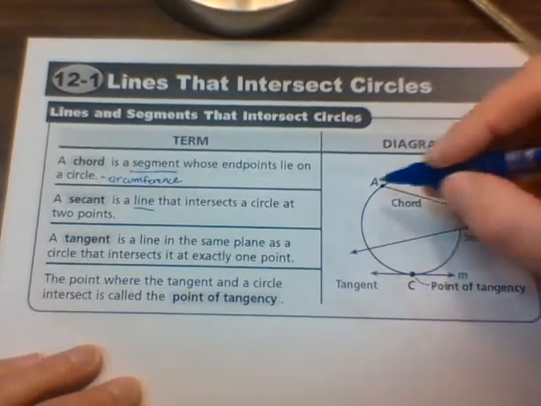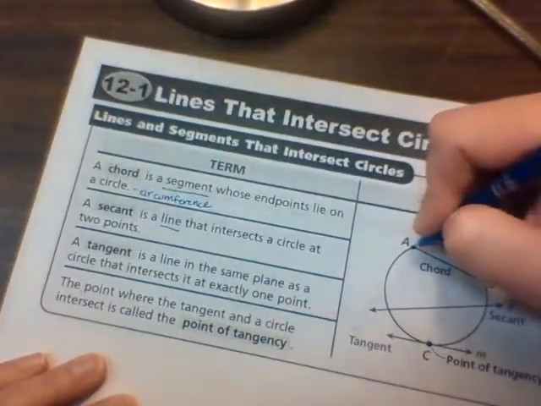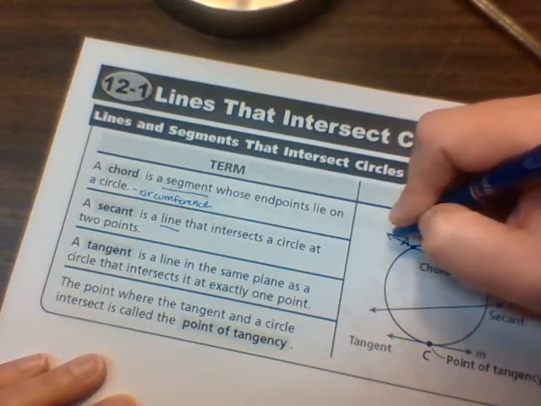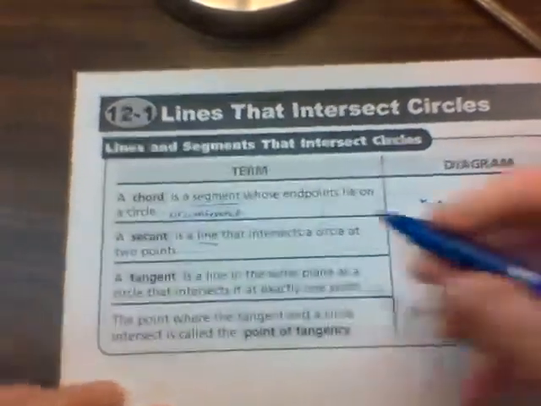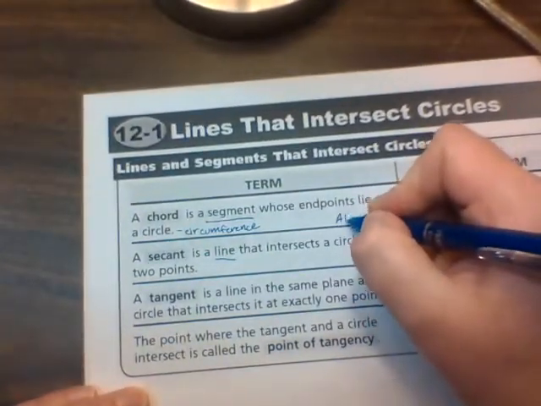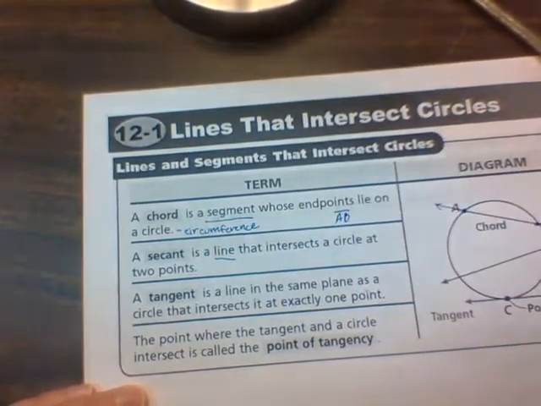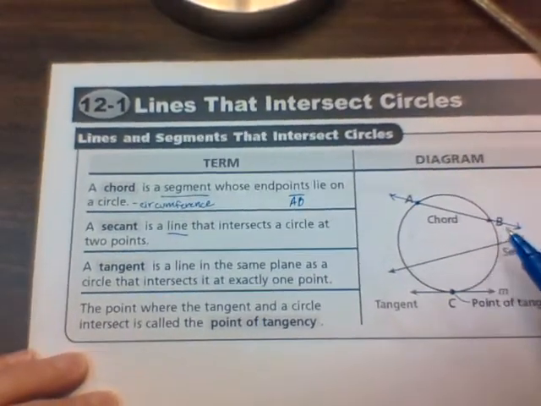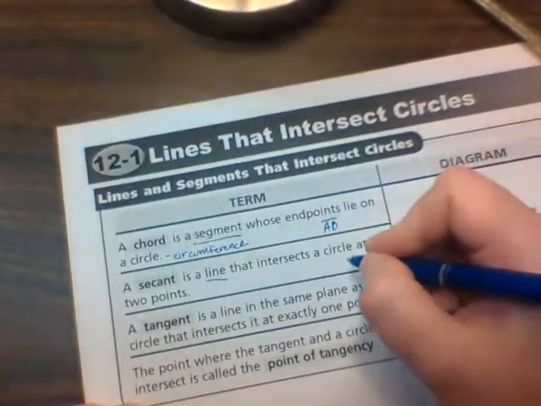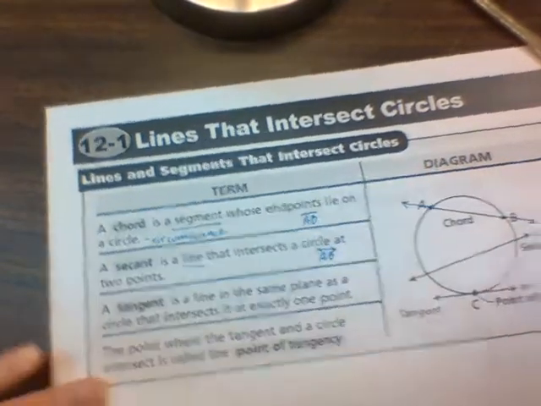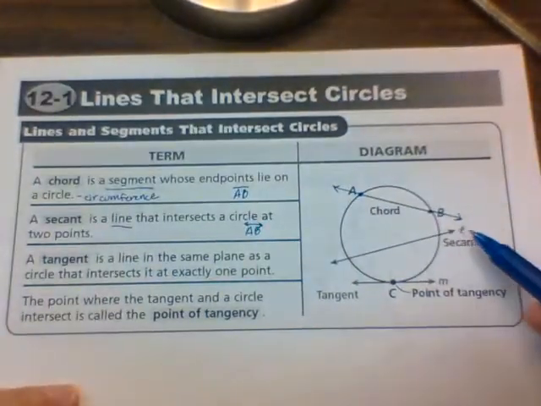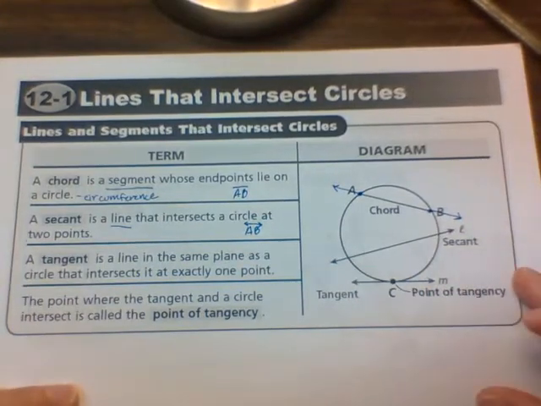So again, I could have made this one into a secant as well by extending it out, and now I have a chord AB if I name it as just AB with a segment on top. But if I wanted to name it as a secant, then I would have done AB with the line above it. So it kind of just depends, and again, of course, this is the actual secant that they had.